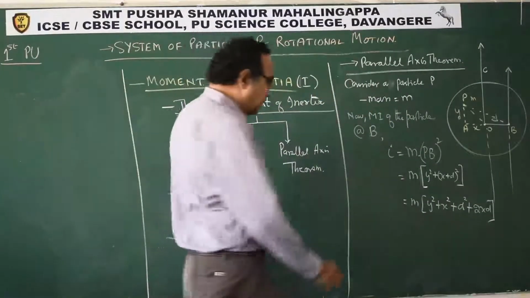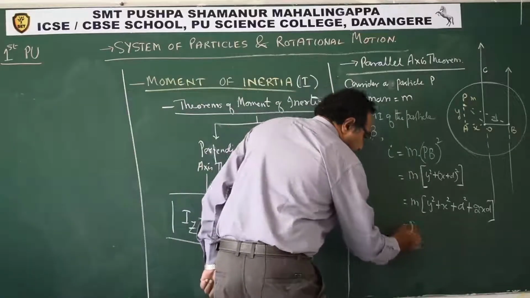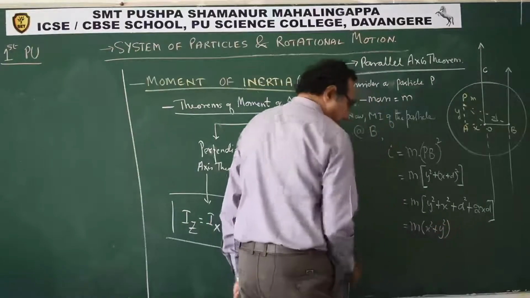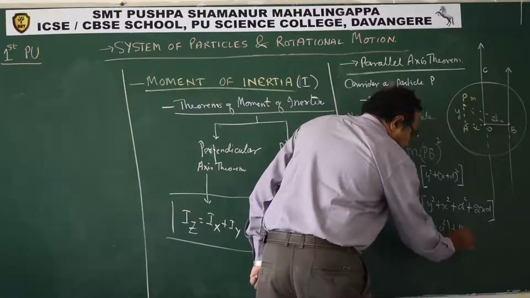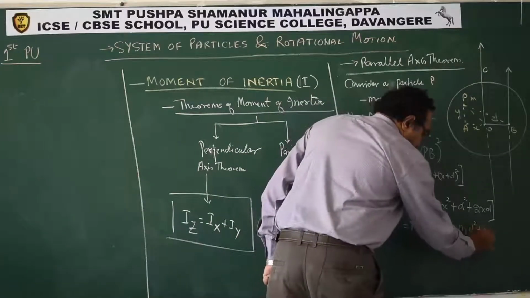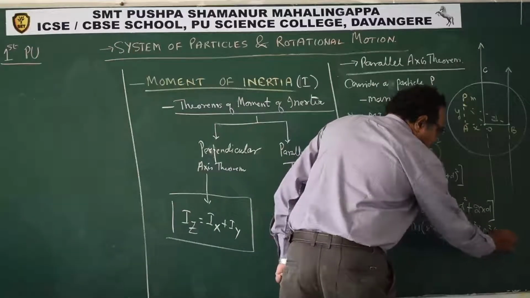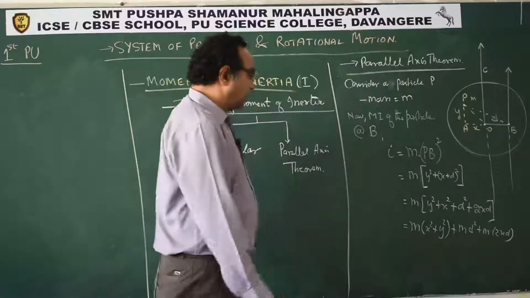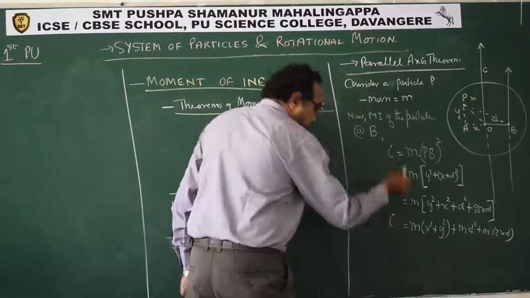Let us open up the bracket. So we get m times x square plus y square, plus m times d square, plus m times 2xd. This is what we get as I.